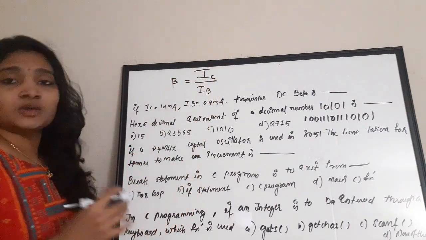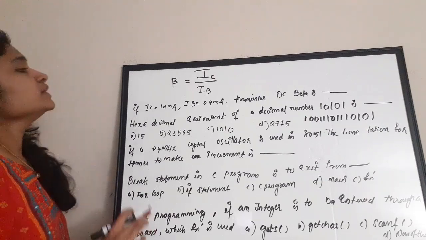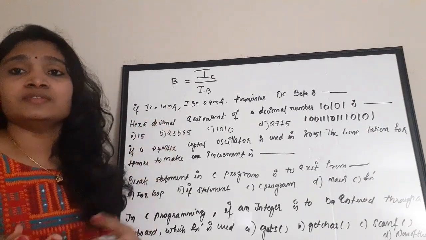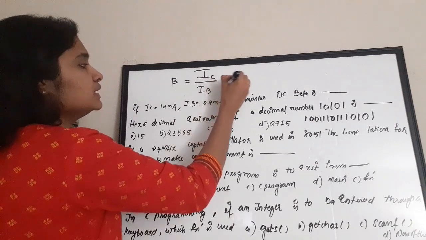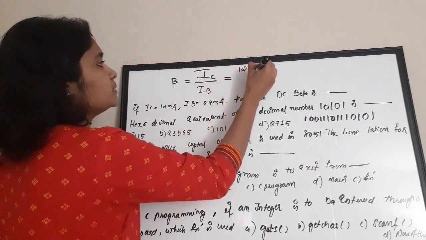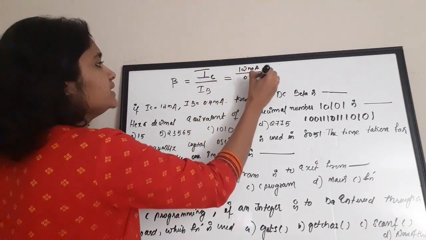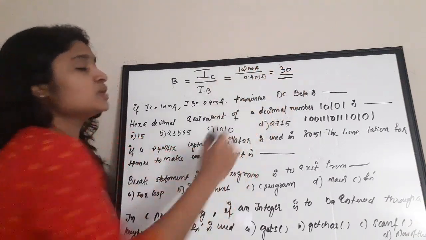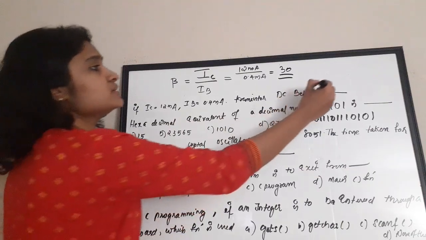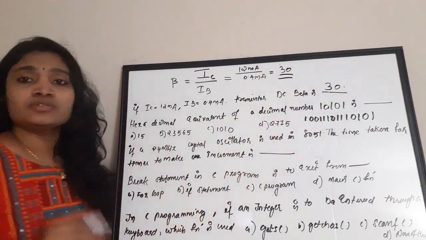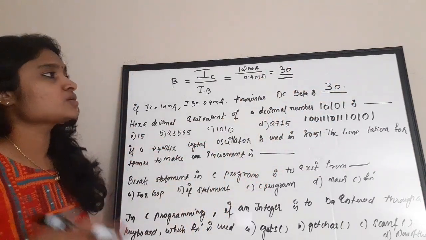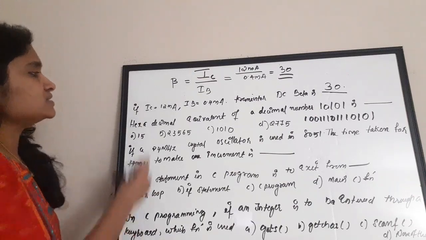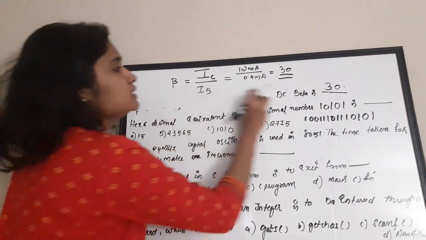Here IC and IB are directly given, so simply divide: 12 milliampere by 0.4 milliampere is 30. So the correct answer is 30, the common emitter current gain.